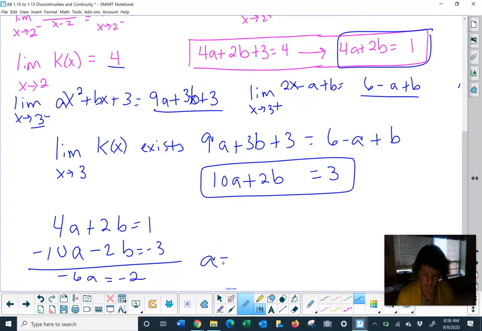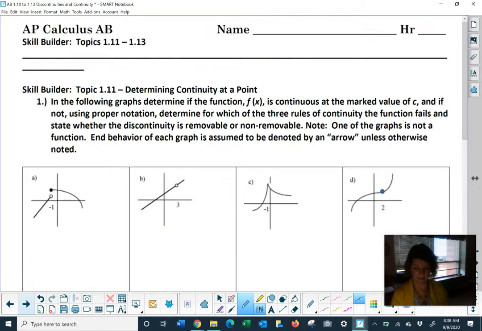It appears that a is negative 2 over negative 6, giving us positive 1/3. And then go find b by plugging in 1/3. That is enough for now. My lights went off in the room, so let's call it a day there.